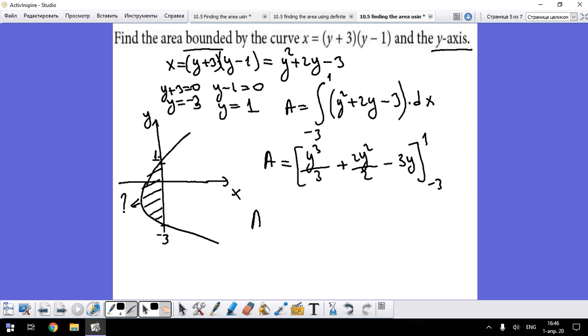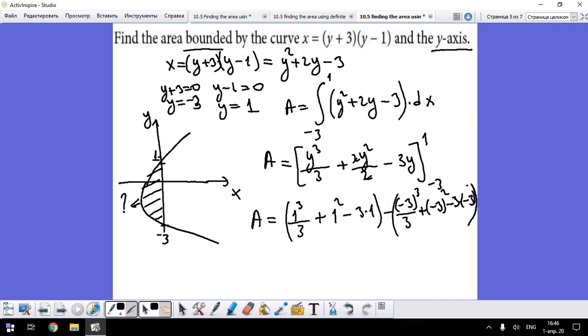So let's substitute the numbers. First we should substitute 1. It will be 1 cubed divided by 3 plus 2 and 2 cancelled out, 1 squared, minus 3 multiplied by 1, close parenthesis, and minus minus 3 cubed divided by 3 plus minus 3 squared and minus 3 multiplied by minus 3.